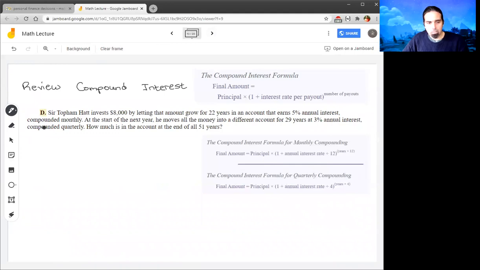He's starting by investing $8,000 for 22 years in an account that earns 5% annual interest compounded monthly. So that's the part we're doing. We are not doing the second part. I'll do that on the next slide.